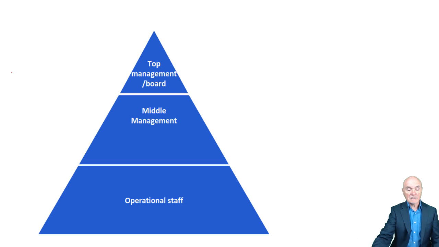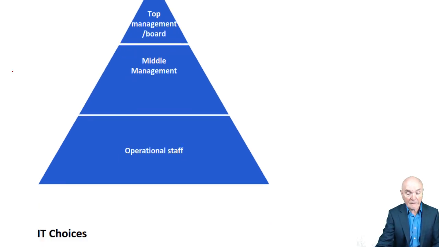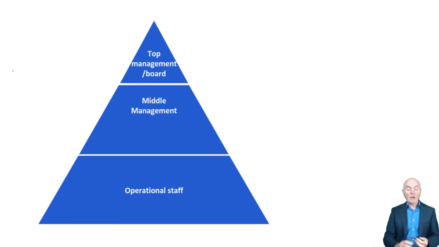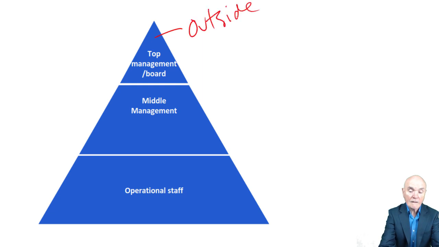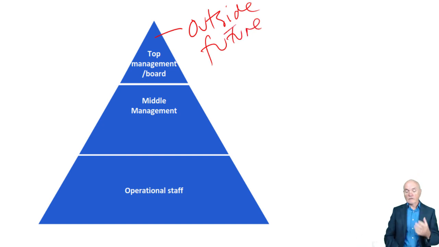As you go up the organization, you tend to have different kinds of requirements. Top management tends to be looking very much at outside information, very much at future information. Of course, they will look at how we did last month. But a lot of top management's function is to look at the strategy of the organization. What should we be doing in 5 years?